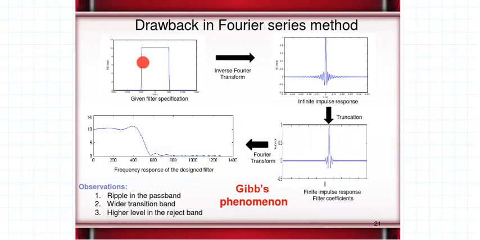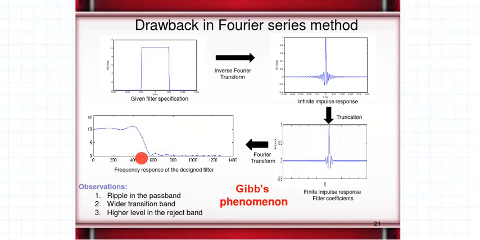Understand, we started with such specifications and we obtained the filter coefficients, and looking into the frequency spectrum of our designed filter coefficients, we obtain the frequency response of the designed filter. The first thing we observe is, yes, we have obtained a low pass filter, but what we have lost is we don't have a smooth passband as compared to what we started.